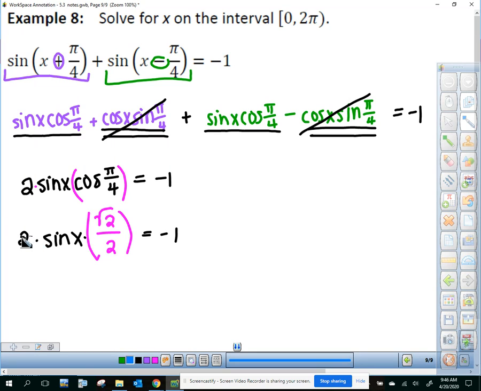Now I've got times 2 and times something over 2. Those reduce. Multiplying by 2, dividing by 2, reduce to a 1. Okay, so now I've got root 2 times sine of x. I'm going to write that in front like a coefficient. Now I'm going to divide that over.